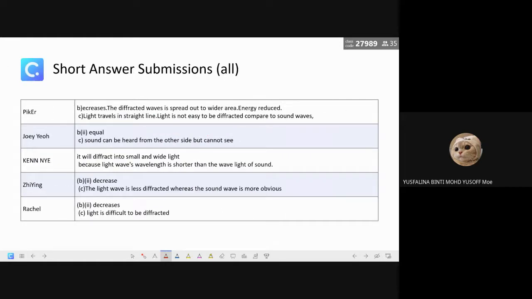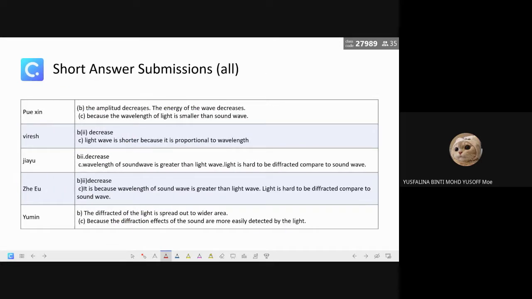No, this is not why, because the light travel is... this one is decrease, is it? Okay, very good. No, it's not because light travels in a straight line. It's because of the wavelength. You have to mention the wavelength.